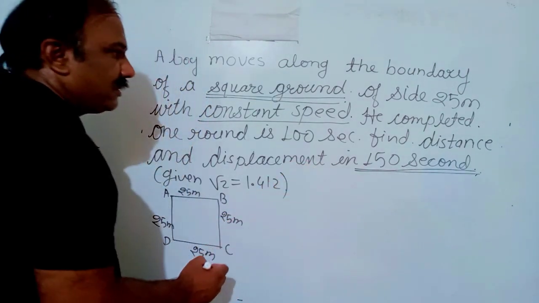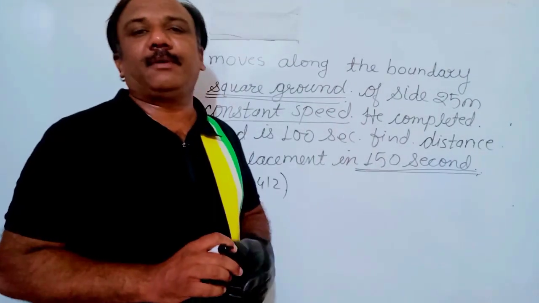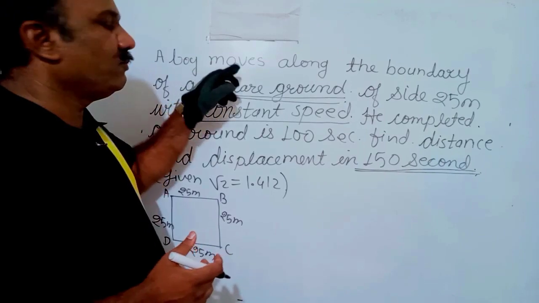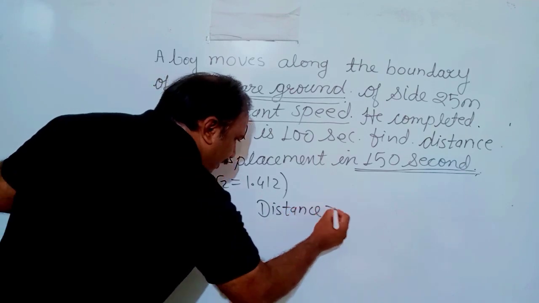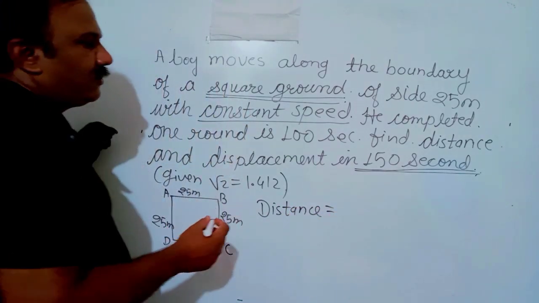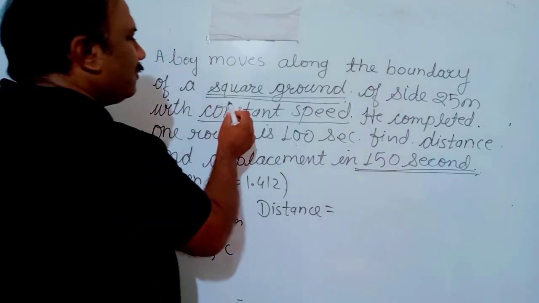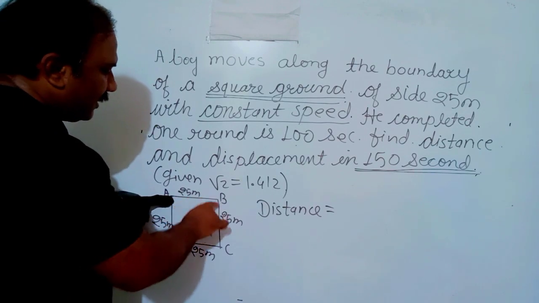Finding distance. As we know, distance is the actual path traveled by the boy or body. In this case, the boy is moving. So the distance is equal to, as we know, in 100 seconds the boy moves one round. So what is the distance covered in one round?